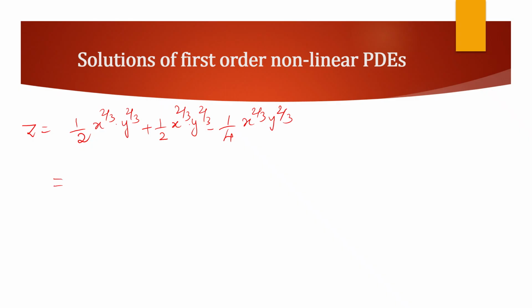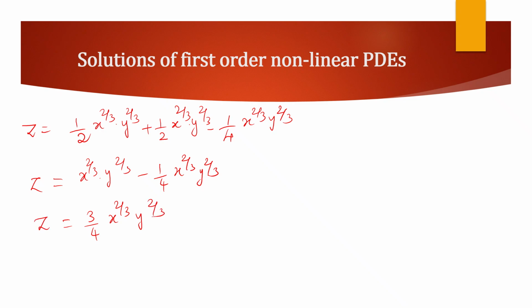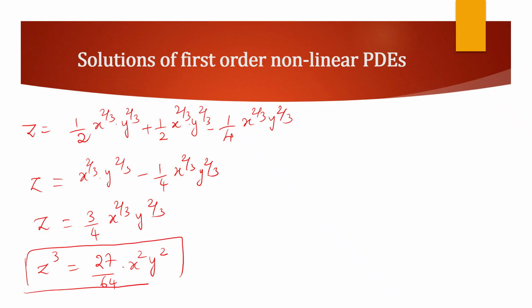So here, summing up these two, we get x power 2 by 3 into y power 2 by 3 minus 1 by 4 into x power 2 by 3 into y power 2 by 3. So it is 1 minus 1 by 4, that is 3 by 4, x power 2 by 3 and y power 2 by 3. This is what our z is, or else we can write, taking cube on both sides, z cube is equal to 27 by 64 into x square and y square. Which gives our singular solution.